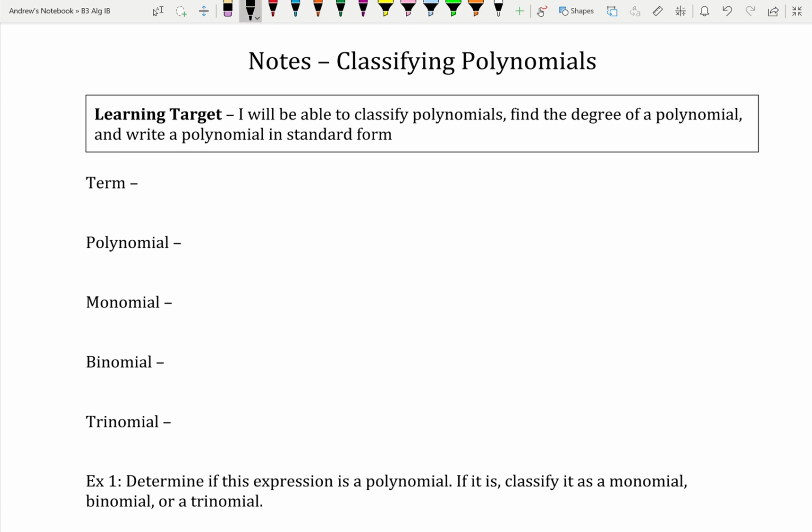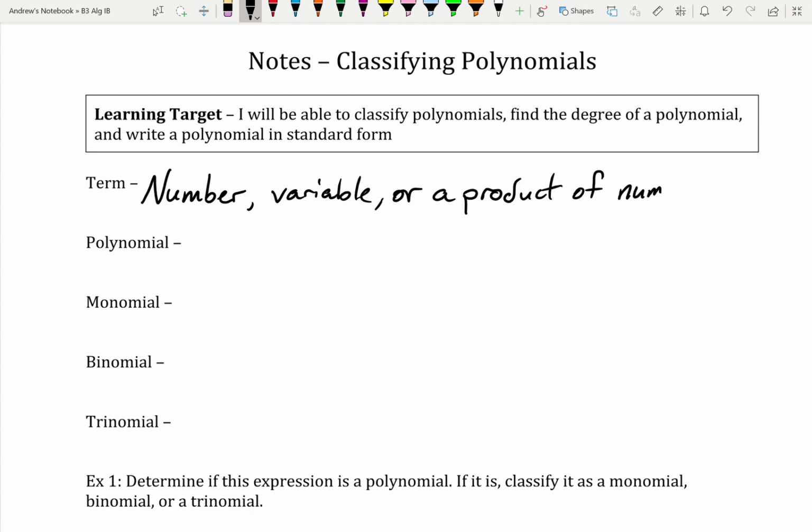So first up on the docket is classifying polynomials. You might be asking yourself, what the higgity heck is a polynomial? Before we talk about what a polynomial is, we've got to talk about what a term is. A term could just be a number like 7. It could be a variable like x, or a product of a little bit of each, a product of numbers and variables.